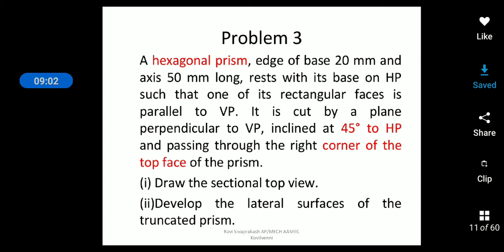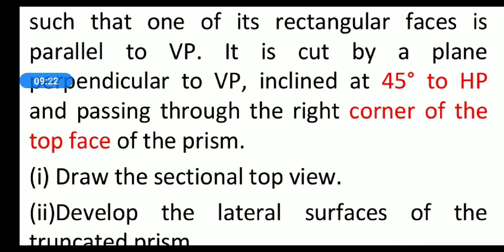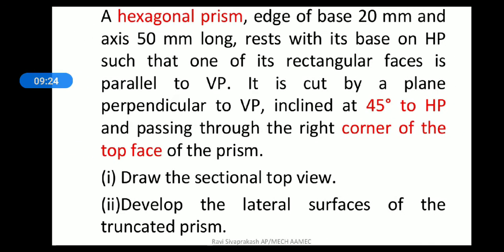As it is given that the rectangular face is parallel to VP, we have to draw the base side parallel to VP. It is cut by a plane perpendicular to VP. So as we are discussing normal problems, here it comes with a sectional view, meaning we have to cut the prism at 45 degrees inclined to HP and passing through the right corner of the top face of the prism.